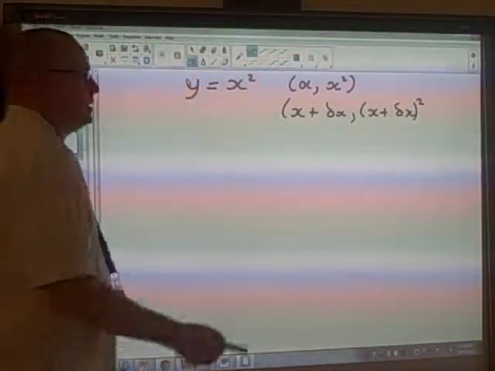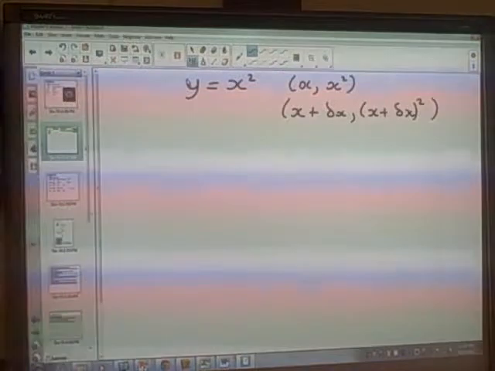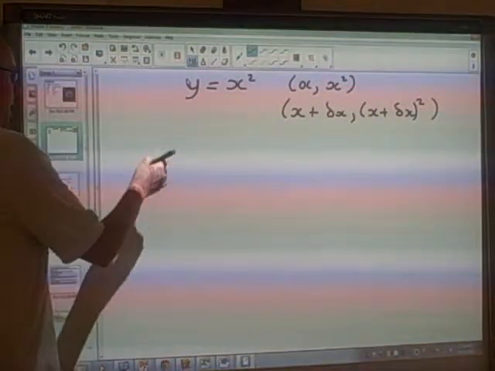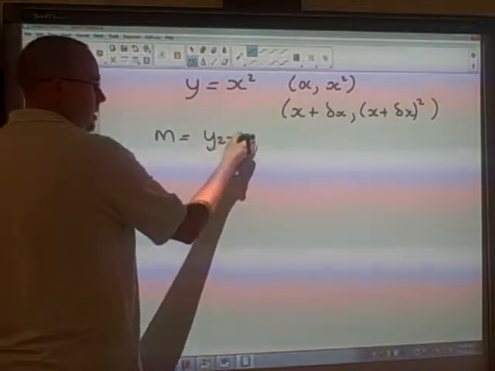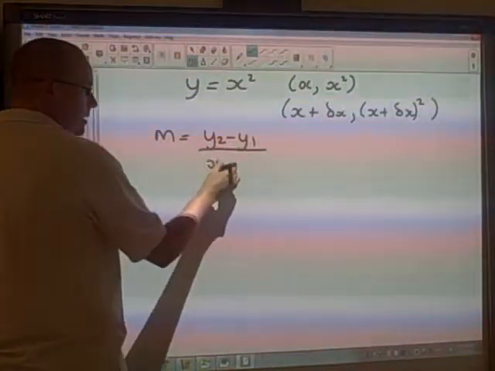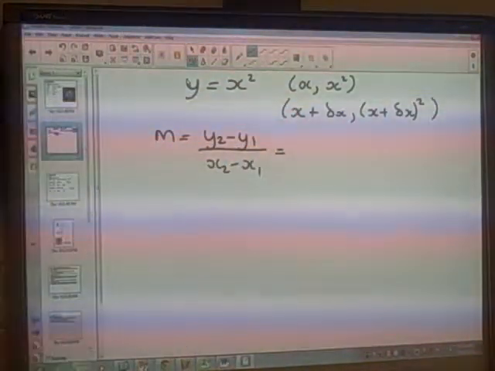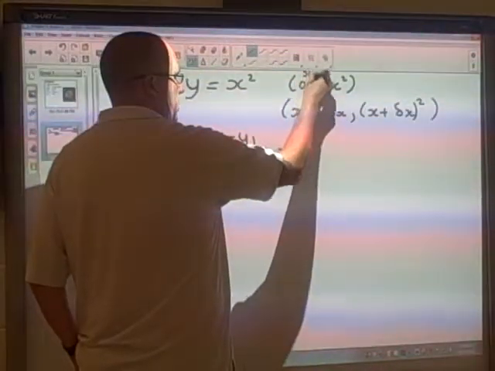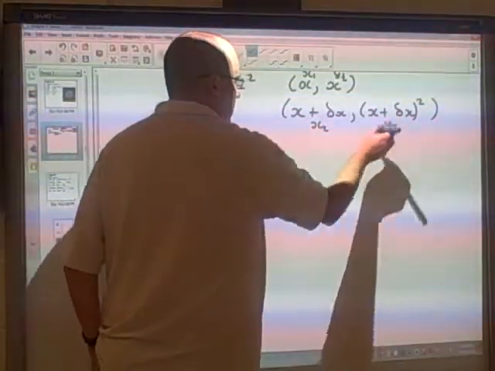Now, think about what we actually did when we were finding the slope. What we did is we took the 2 points, we plugged them into our formula, and that's exactly what we're going to do here. To find slope, we're going to do y2 minus y1 over x2 minus x1, but for the points that we have here. So this is our x1, this is our y1, this is x2, and this is y2.